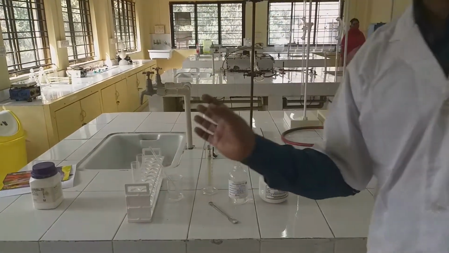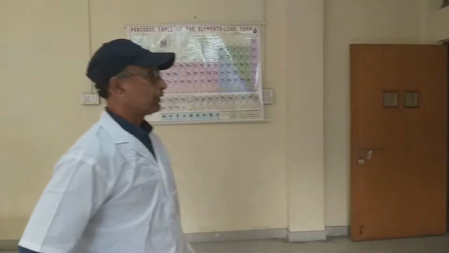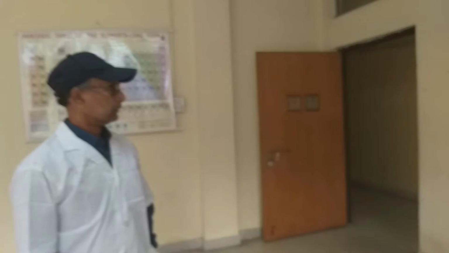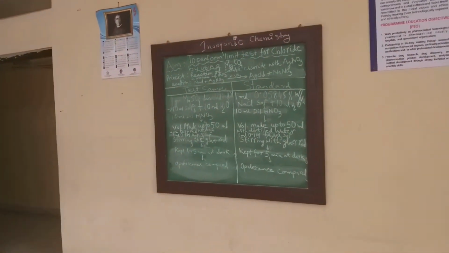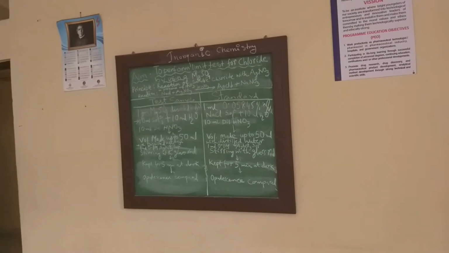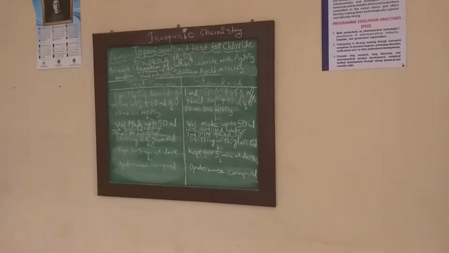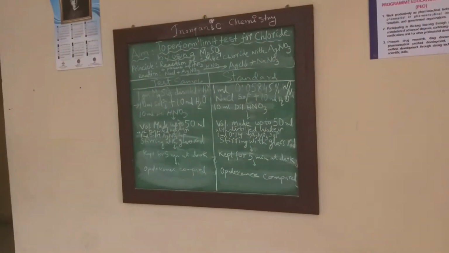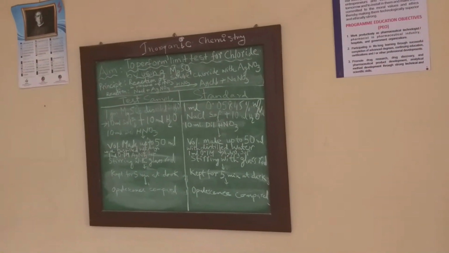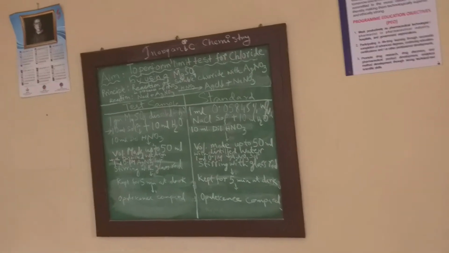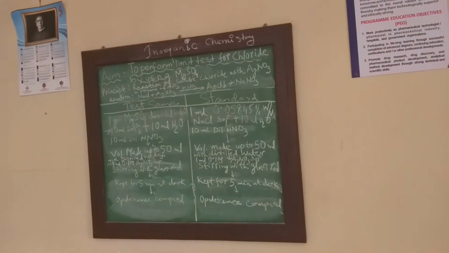Now we have to prepare 0.1 molar silver nitrate solution. Silver nitrate's molecular weight is nearly 170 gram. That means, you know that a molar solution means in 1 liter there should be 170 gram of silver nitrate.